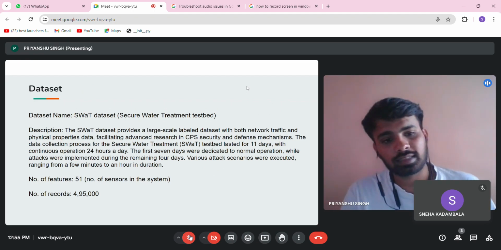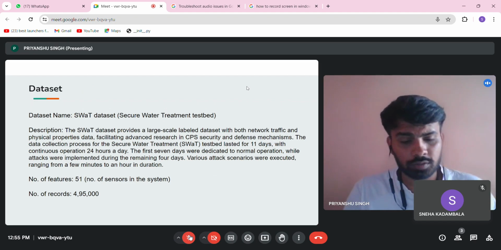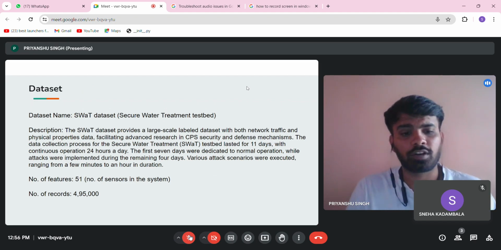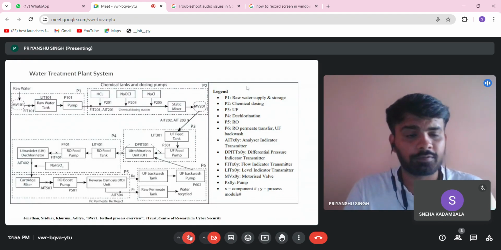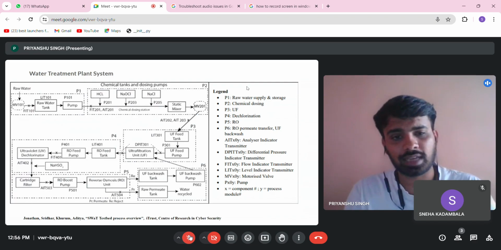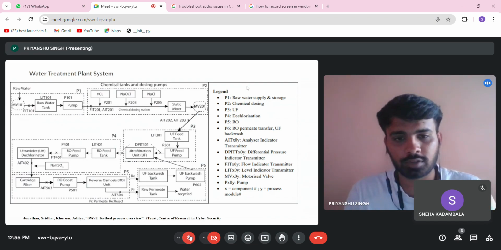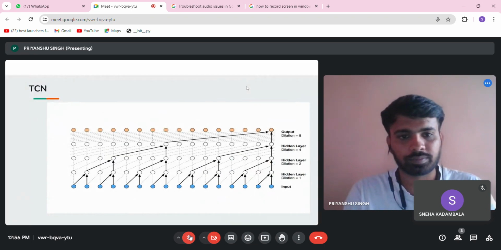It has 51 features, and the number of records which we are using for training our model is 4,95,000. These are the six different classes which you can see here, P1, P2, P3, P4, P5, and P6. And these classes have different numbers of sensors which are collecting the real time data of the sensors.